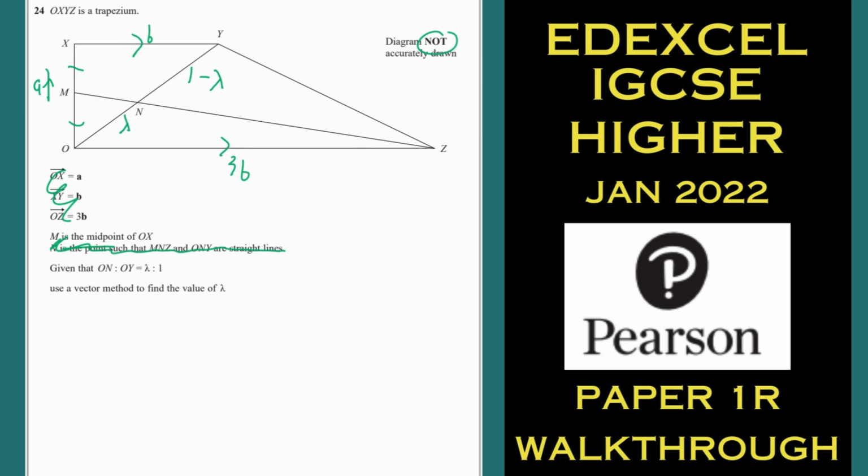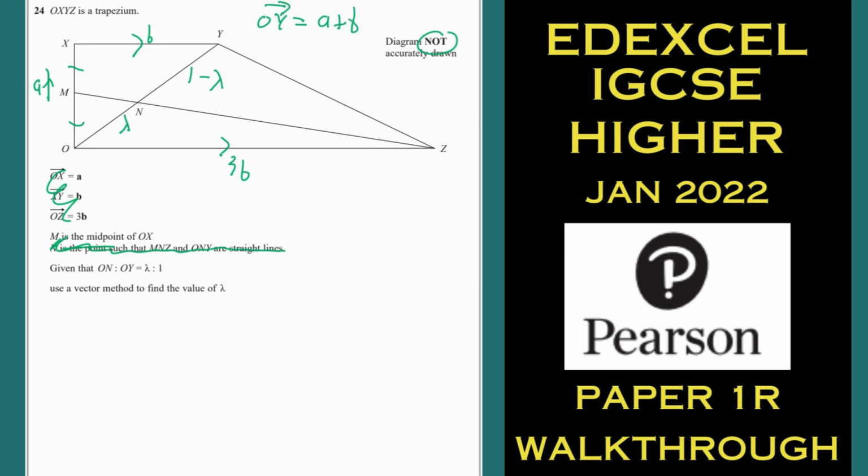Now you can start building it up. I always say, when you've got a triangle and you've got two sides of it, always think about the third side. So OY is A plus B. Nice and easy.